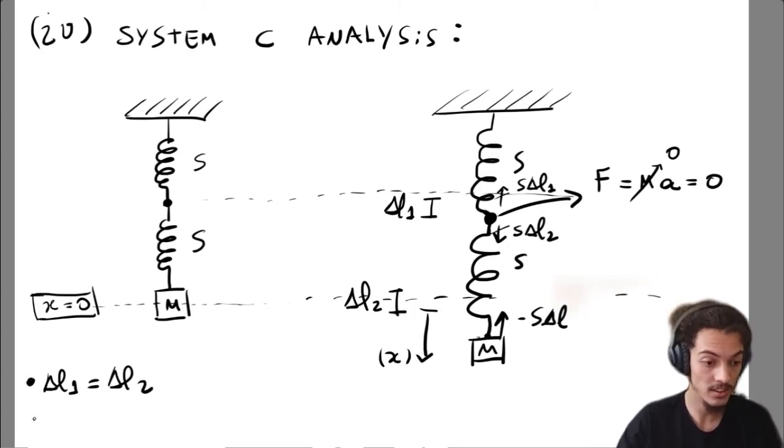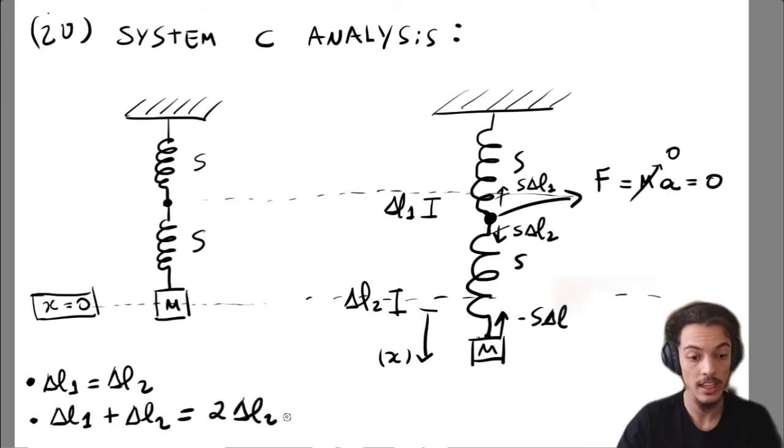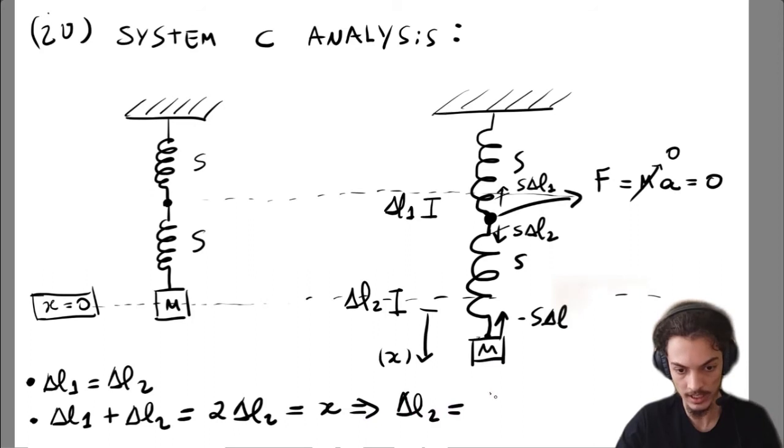So we can write also that delta L1 plus delta L2, that is equal to 2 times delta L2, is equal to the total displacement of the system, that is x. So we can write that delta L2 is x divided by 2.